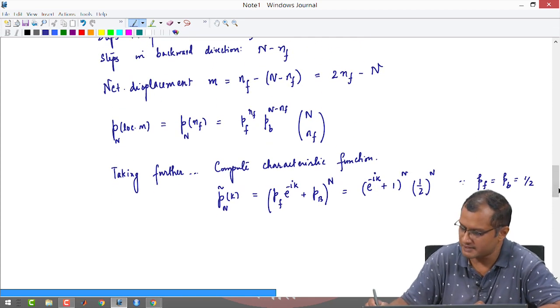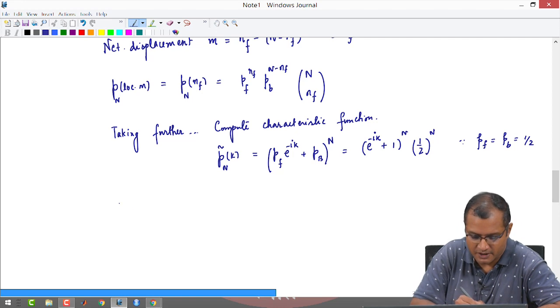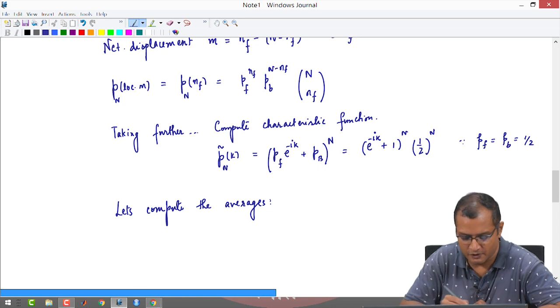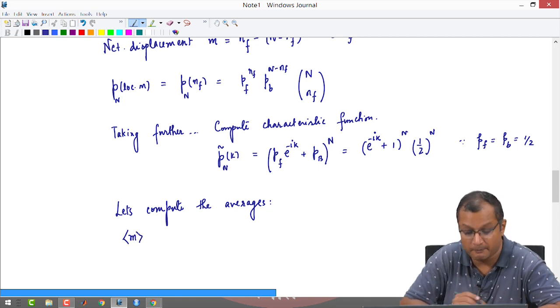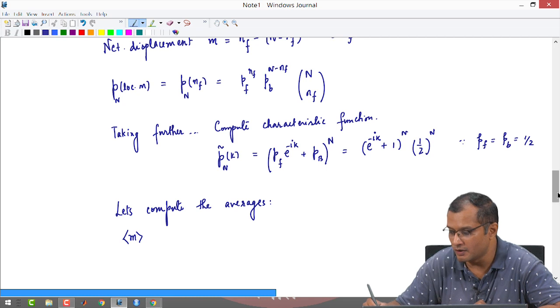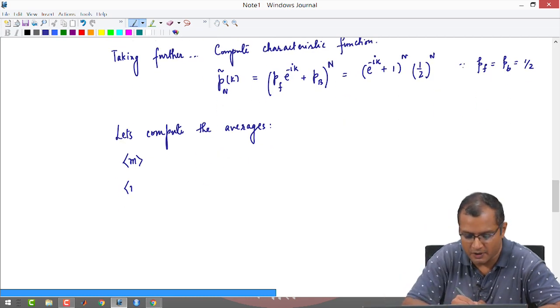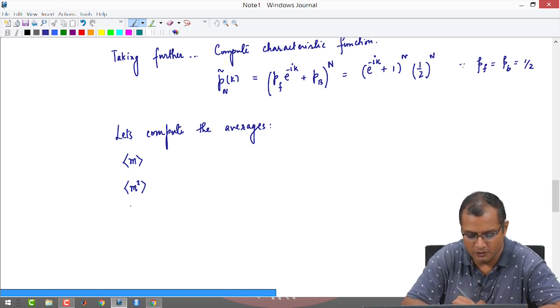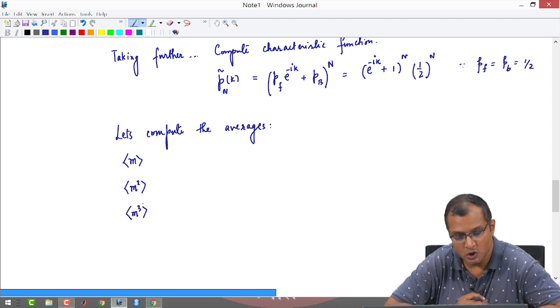So, suppose you are interested now in computing the averages. Okay. Suppose you want to compute the average displacement, or you want to compute the square of the displacement average, or you want to compute the average of the cube of the displacement.